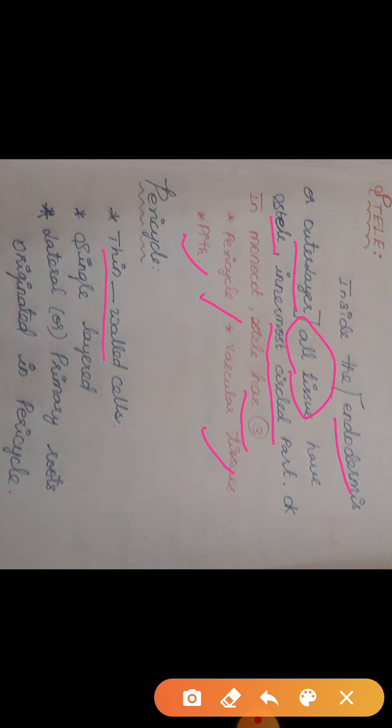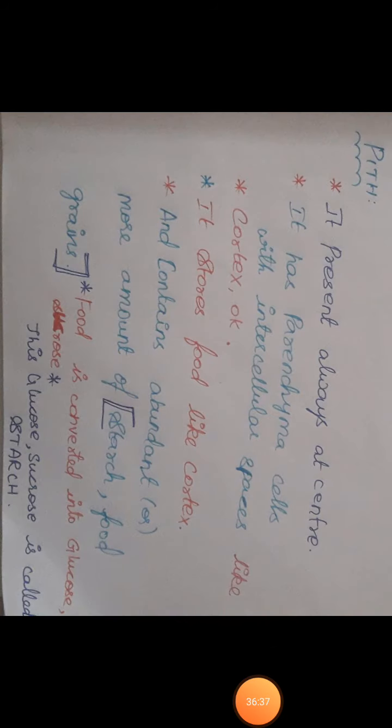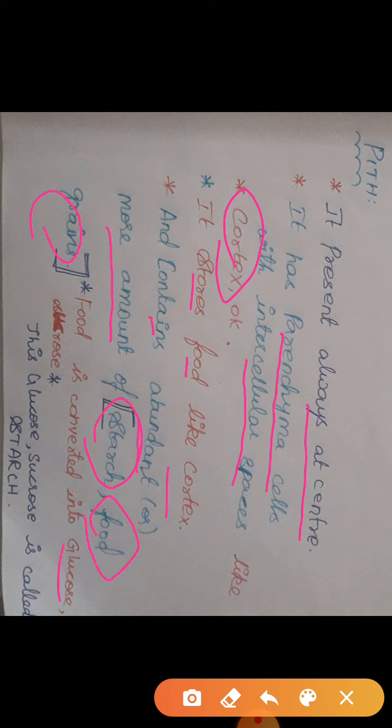Pericycle has thin wall cells in a single layer, and lateral or primary roots originate from it. Pith is always at the center. It has parenchyma cells with intercellular spaces like cortex, stores food like cortex and contains abundant starch grains. Food is converted into glucose and sucrose, and this is called starch.